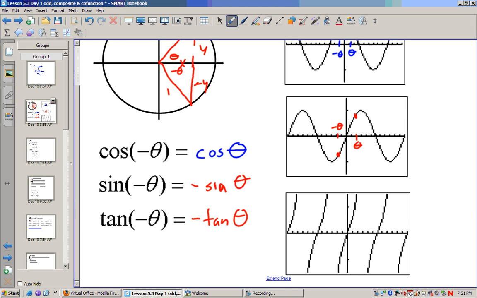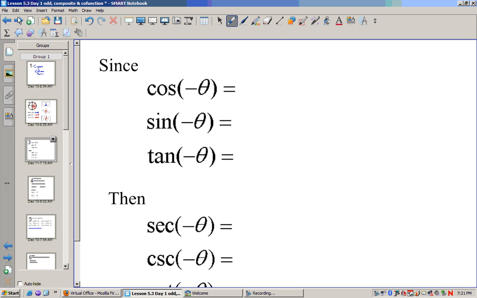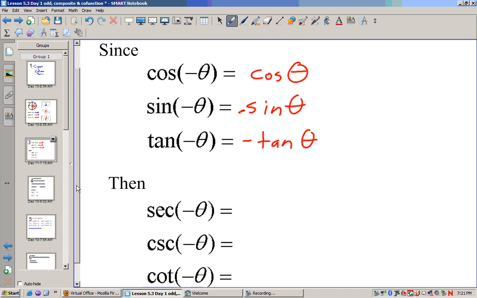If I go out a certain amount to the right, and go out that same amount to the left, these values will just be the positive and negative of the same numerical value. So cosine of negative theta equals cosine of theta, sine of negative theta equals negative sine of theta, and tangent of negative theta is the negative tangent of theta.